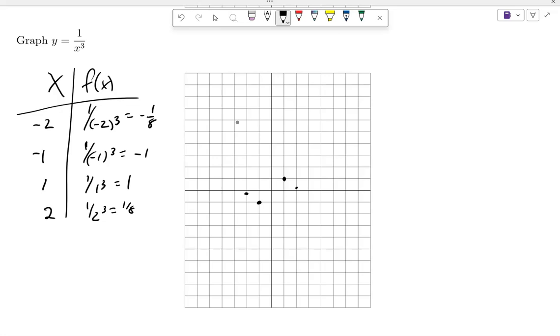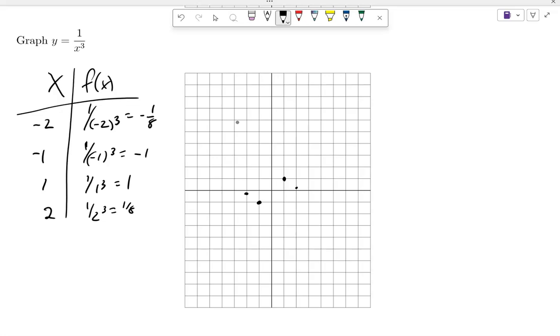And again, same idea. We anticipate this looking a lot like the previous one, except the left-hand side should be flipped, right? We still should expect that vertical asymptote at 0. We should expect that as x gets bigger, the graph gets closer and closer to the x-axis.